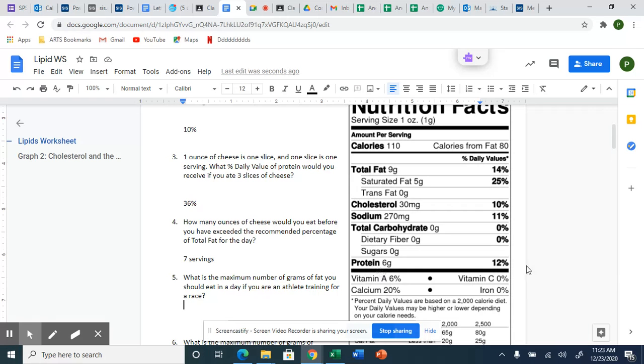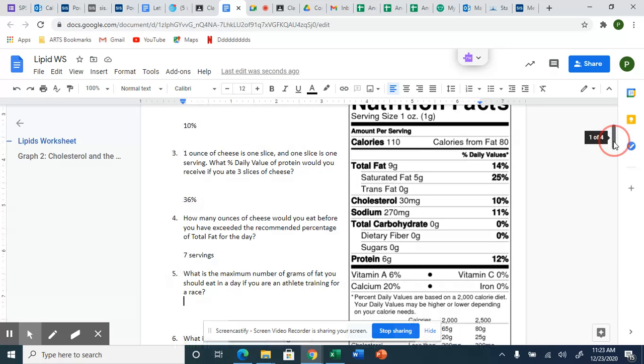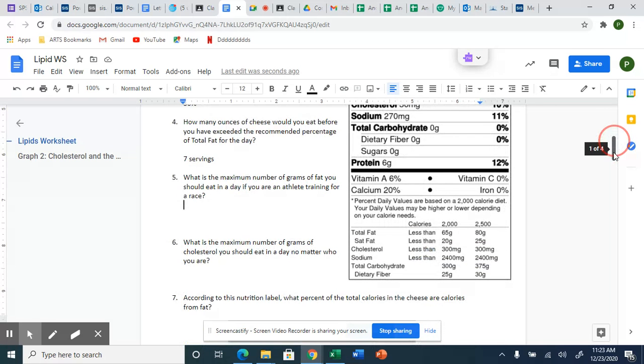All right, so what is the maximum number of grams of fat you should eat in a day? It says 65. But it's the maximum number of grams of cholesterol, 300 milligrams. Yeah, cholesterol's a bad fat.